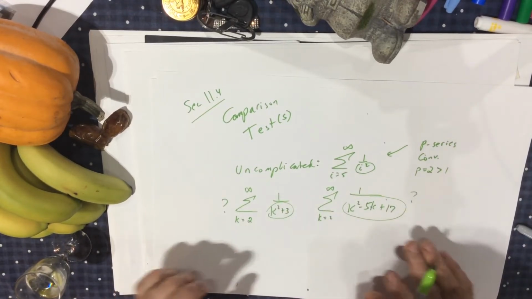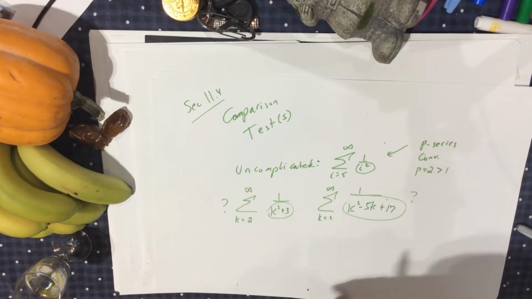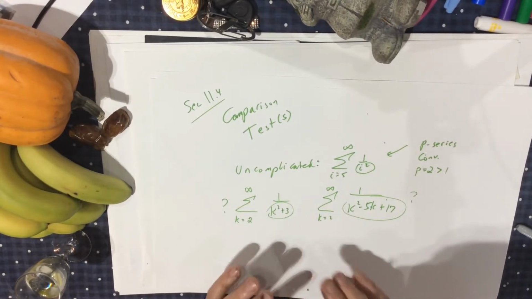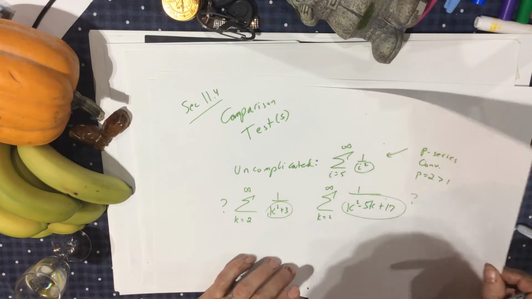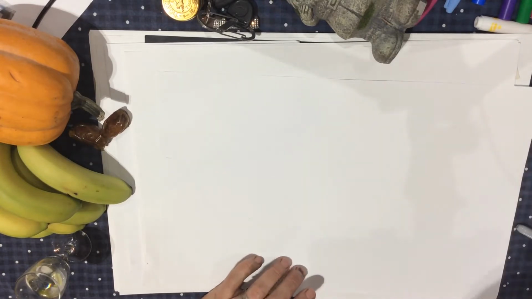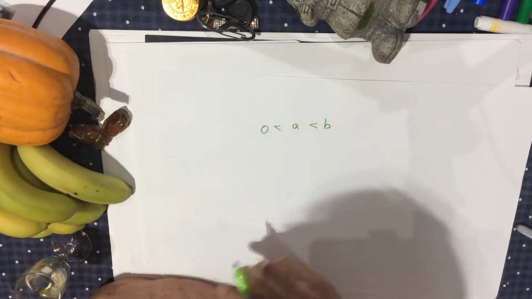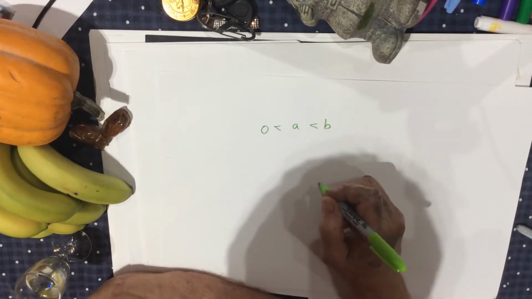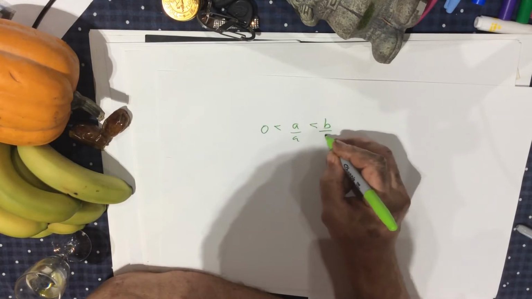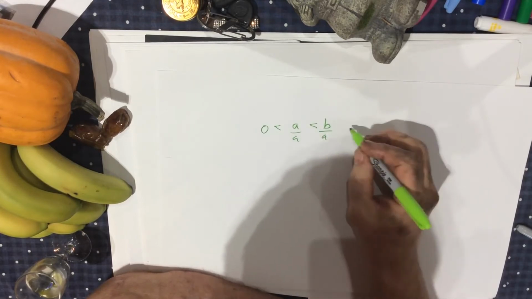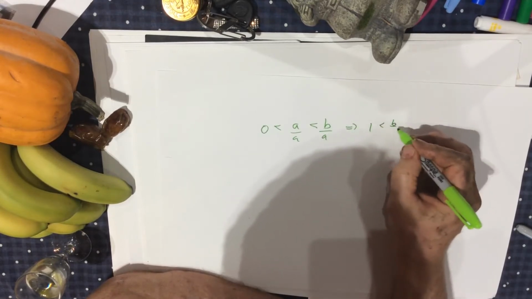Now, I'm going to demonstrate how the comparison test works by demonstrating a very simple fact that's involved with inequalities. So let's begin with the basic inequality of positive numbers, a less than b. If I divide both sides by a, because it's positive, the inequality doesn't change, and we get 1 less than b over a.